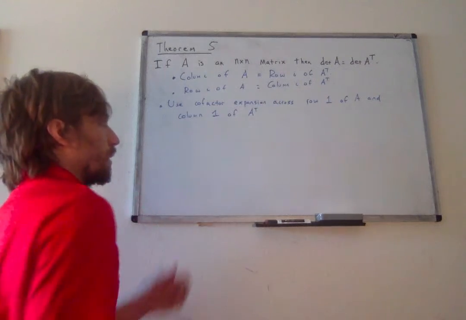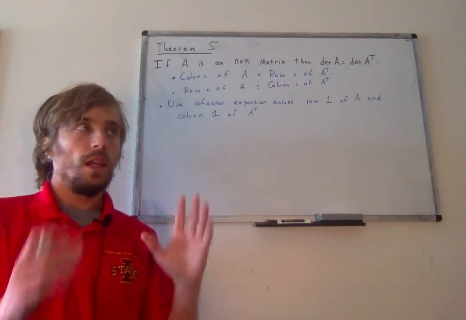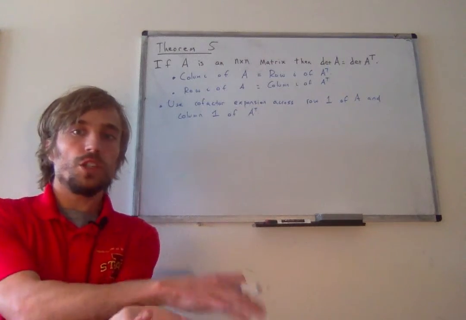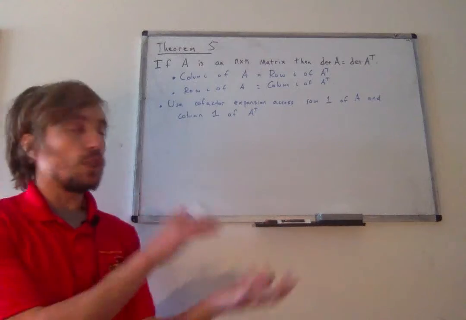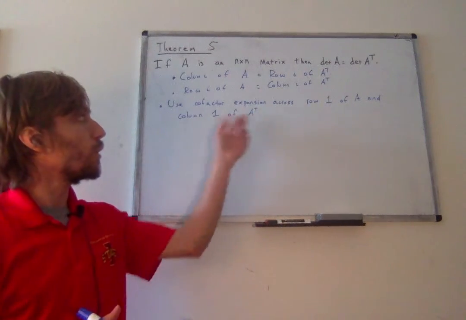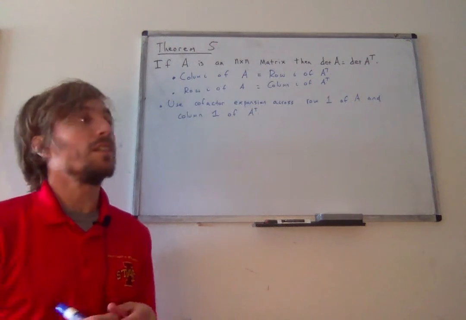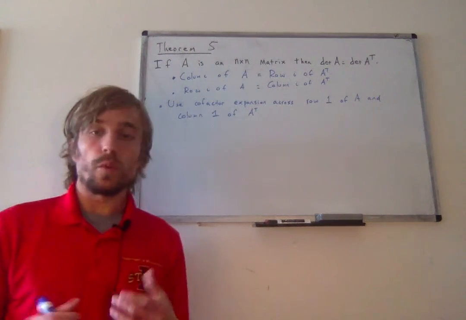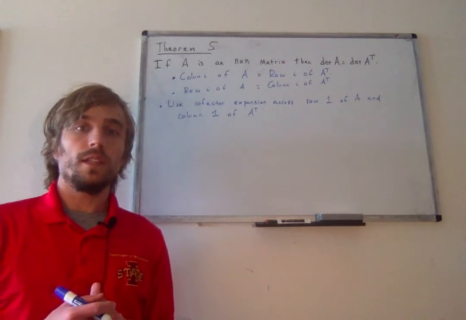And so notice in particular, row 1 of A and column 1 of A transpose are equal. And the way the rest of the numbers get shifted around when I take the transpose, in fact, every single step of this process is going to be the same doing the cofactor expansion. And remember, using cofactor expansion will get us the determinant, sometimes in a more roundabout way than we know how to do now, but it's still useful for proving things like this.